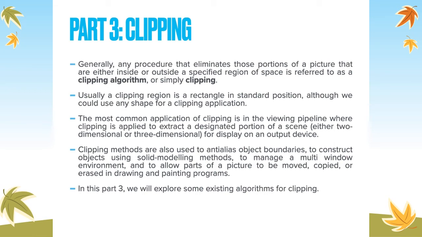Clipping methods are also used to anti-alias object boundaries, to construct objects using solid modeling methods, to manage a multi-window environment, and to allow parts of a picture to be moved, copied, or erased in drawing and painting programs. Hence, in this part 3, we will explore some of the existing algorithms for clipping.